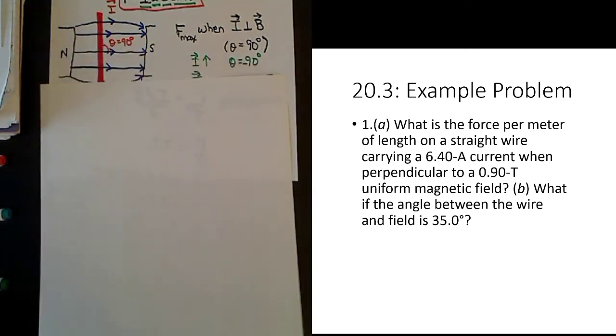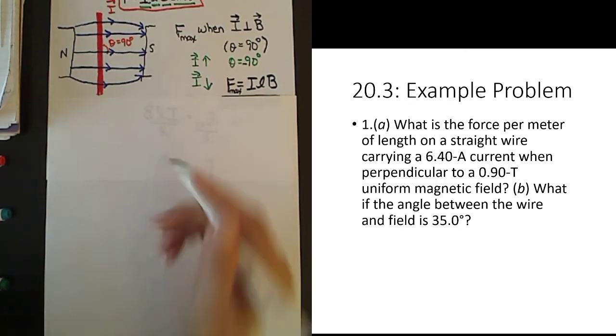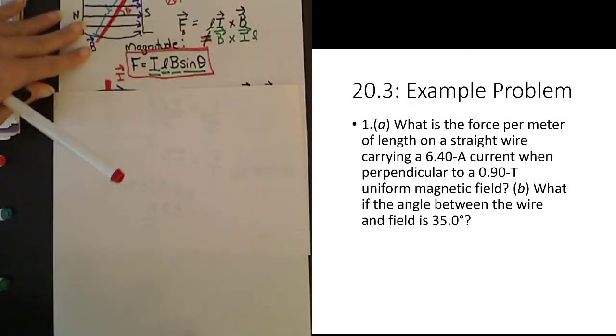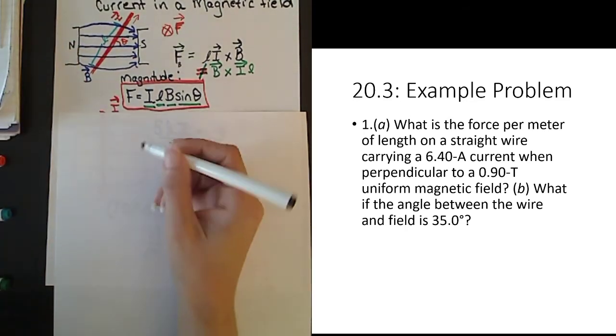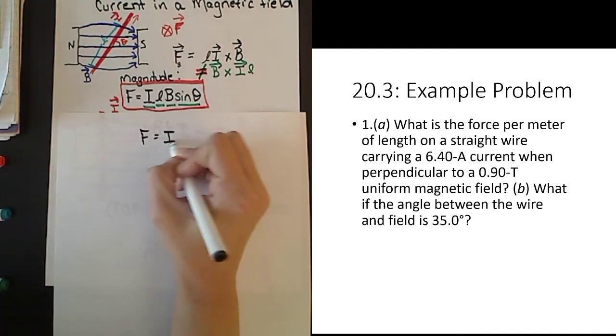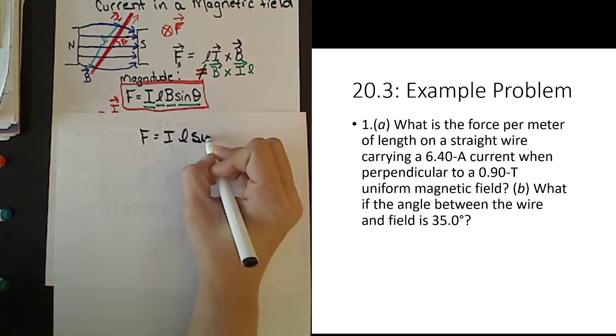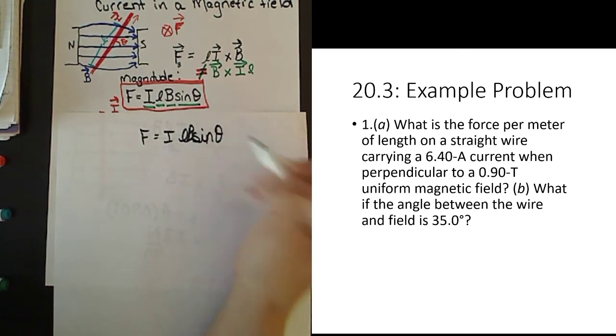So for part B, we want to know, what if the angle between the wire and field is 35 degrees? So again, we use this equation. Force is equal to IL times the strength of my magnetic field times sine theta.